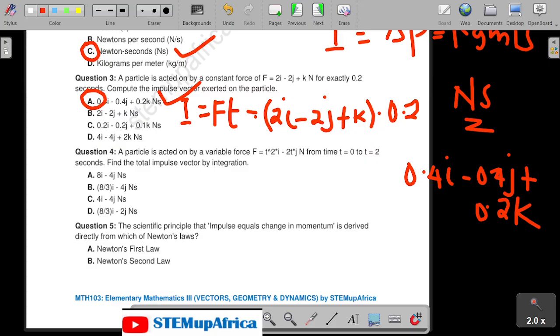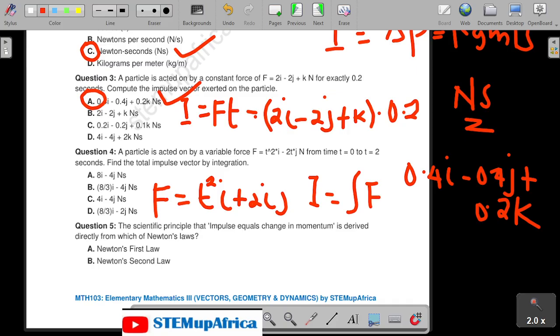So let's look at question 4. Say a particle is acted upon by a variable force F. They give us the force. F is t square I plus 2tJ. Let's find the total impulse by integration. We know that impulse is Ft, so I equals the integral of F dt.